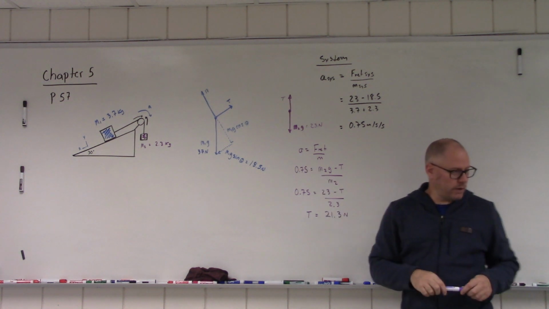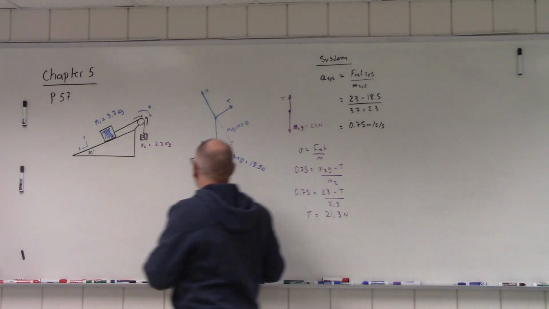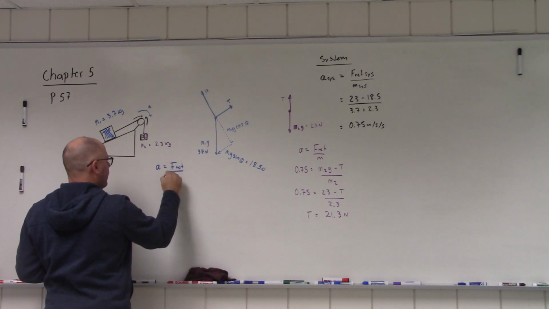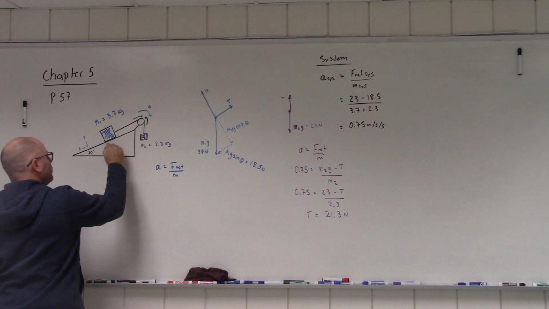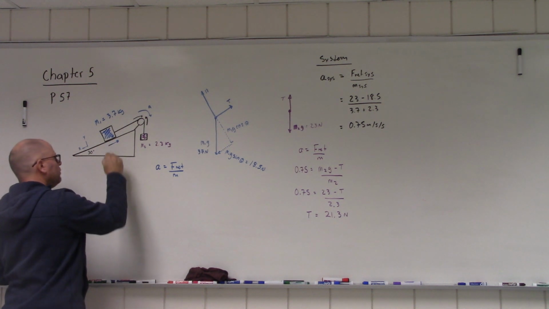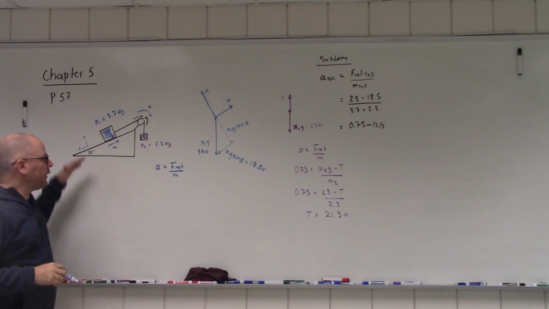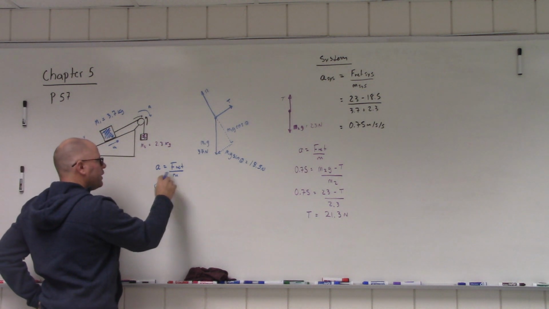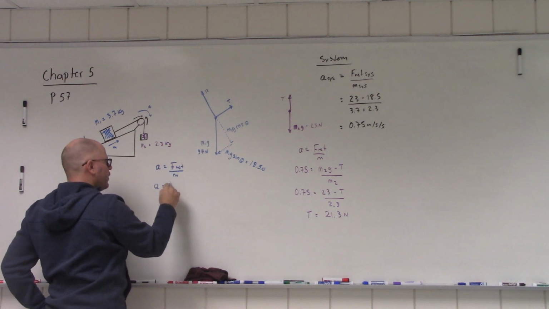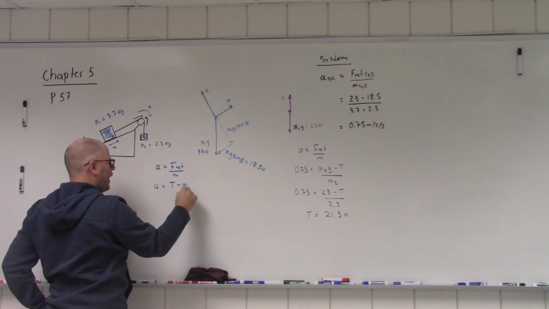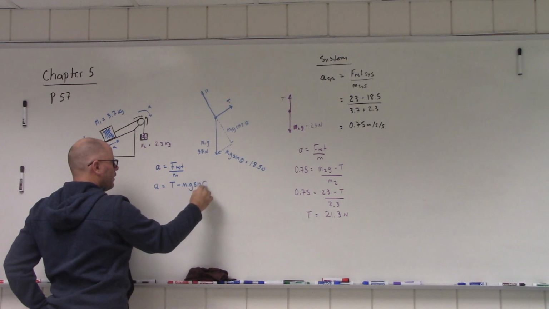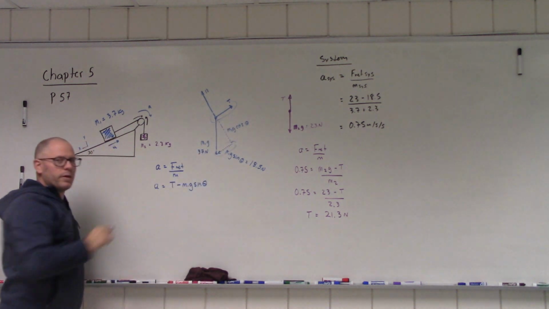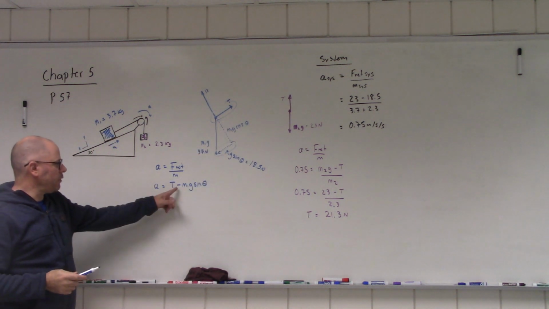Can we do it for the blue one? I bet we can. I know the acceleration is equal to the net force over the mass. Now, because this one is accelerating this way, I'm only going to use the net force in that direction. So for the net force in this direction, I know it's accelerating up, so the T is bigger than the m1g sine theta. So it's this force and this force that contribute to that acceleration. And they're in opposite directions, so you need to subtract.